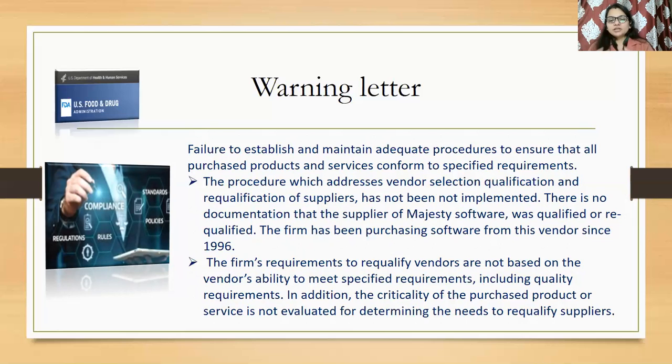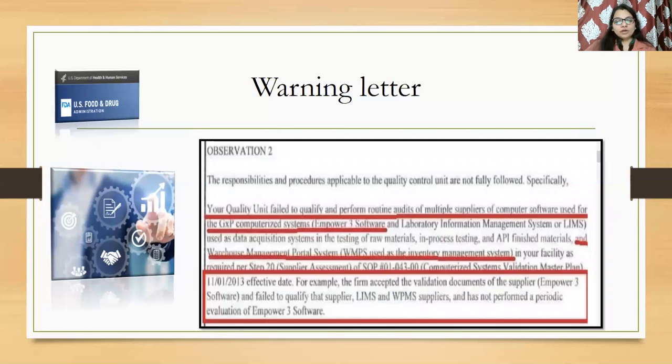In addition, the criticality of the purchased product or service is not evaluated for determining the need to requalify suppliers. Now, in another warning letter, your quality unit failed to qualify and perform routine audits of multiple suppliers of computer software used for GxP computerized systems, Empower 3 software and LIMS. So guys, this is very important for us.